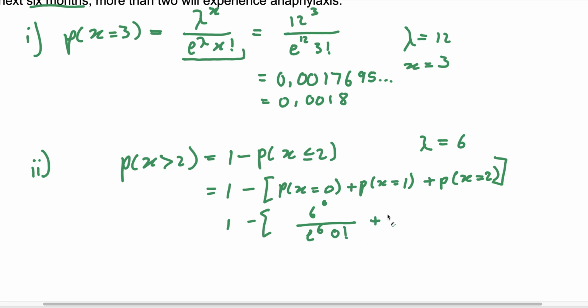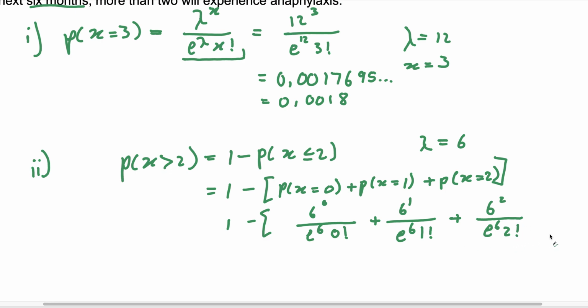So it's plus 6 to the power of 1 divided by e to the power of 6, and then this will be your 1 factorial. And then it's plus 6 to the power of 2 divided by e to the power of that 6, because that doesn't change, and then you have 2 factorial.